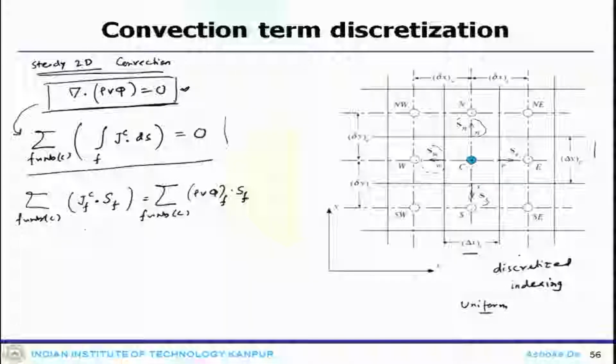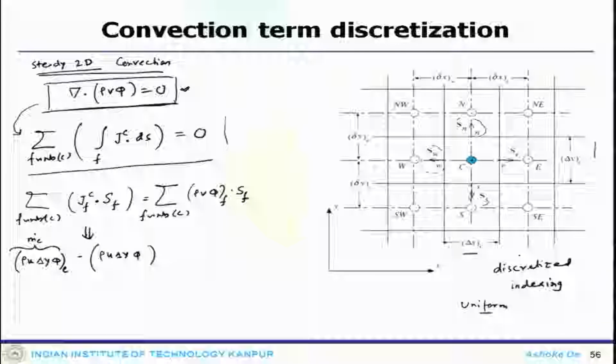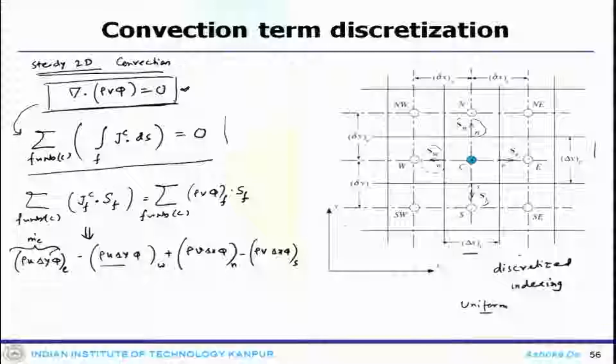If you expand from there, you get rho u delta y phi at the east face, which is nothing but my m dot E, minus rho u delta y phi at the west face, which represents my m dot W, the mass flux, then rho v delta x phi at the north face minus rho v delta x phi at the south face, which equals 0.